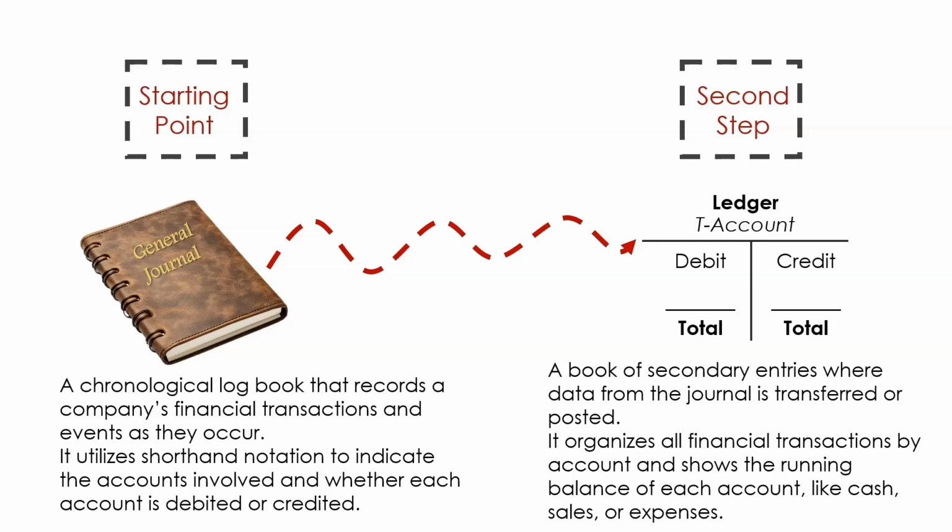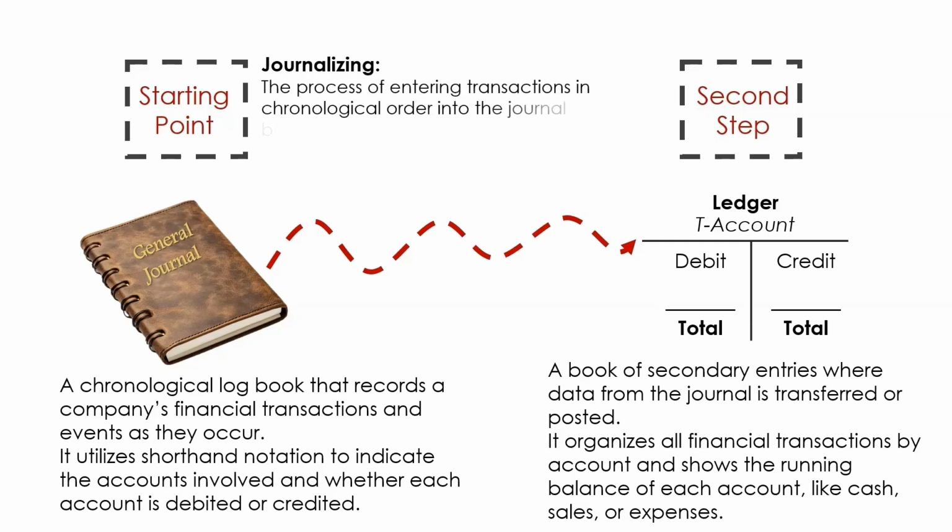Now, the process of entering these original transactions into the journal is called journalizing. It relies on evidence such as sales receipts, purchase invoices, and check stubs, essentially any source data that verifies the transaction took place. Journalizing is a vital step. It lays the groundwork for the ledger and ultimately the company's financial statements.